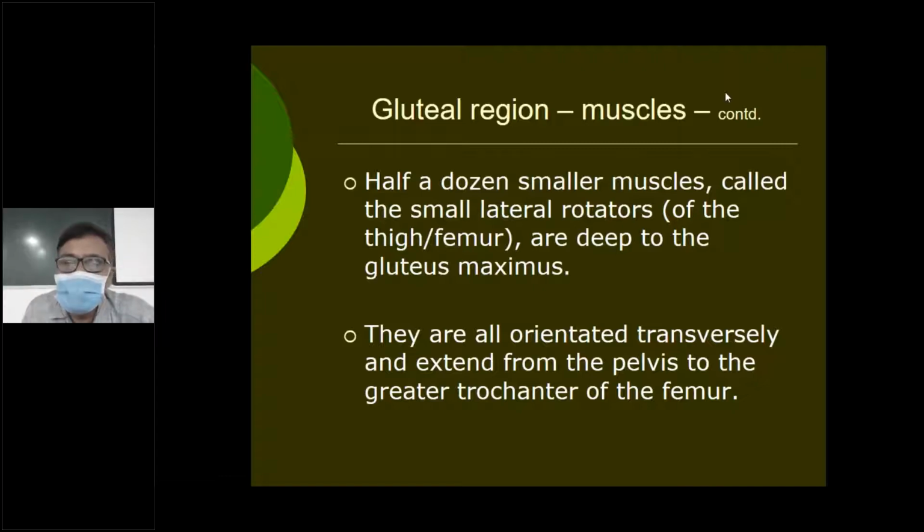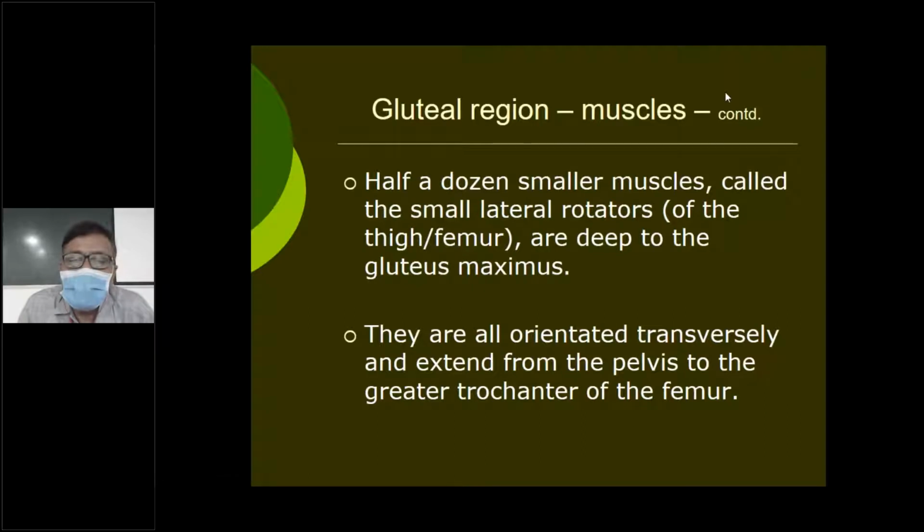We have also seen that the gluteus medius and minimus muscles are also big enough, but they're smaller than maximus. Gluteus maximus overlaps medius partly, medius overlaps minimus completely. Today we will learn the other muscles, the so-called small lateral rotators, 6 more muscles.